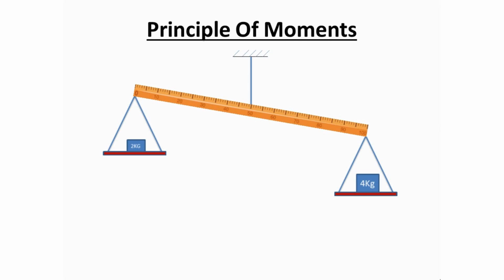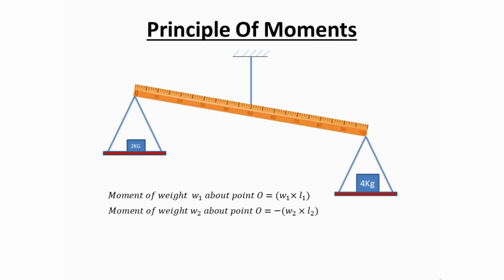The moment of weight W1 about point O is equal to W1 into L1, and the moment of weight W2 about point O is equal to minus W2 into L2. Now the negative sign shows the moment is in clockwise direction. So total moment about point O is equal to W1 into L1 minus W2 into L2.